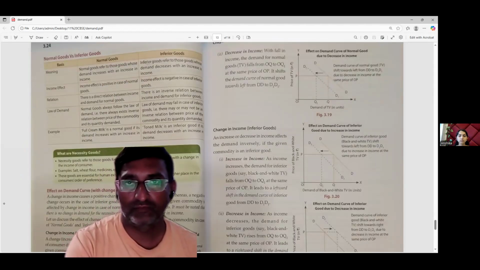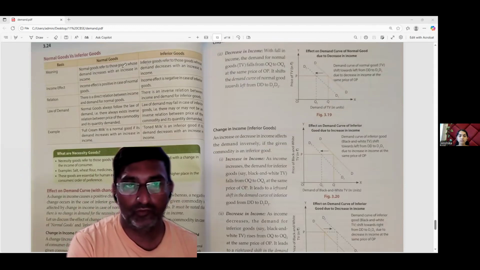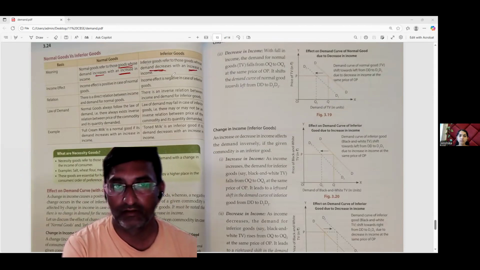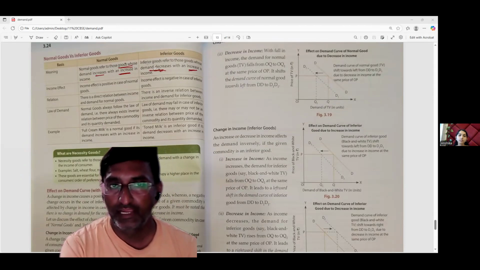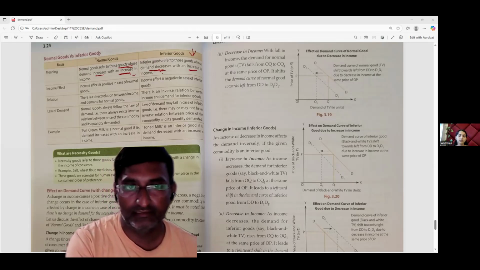Now you will understand again on a distinguished basis. Normal goods refers to those goods whose demand increases with an increase in income. But in the other scenario, inferior goods refers to those goods whose demand decreases with an increase in income level. In both situations, income level is increasing, but in this case demand is decreasing, and in this case demand is increasing.